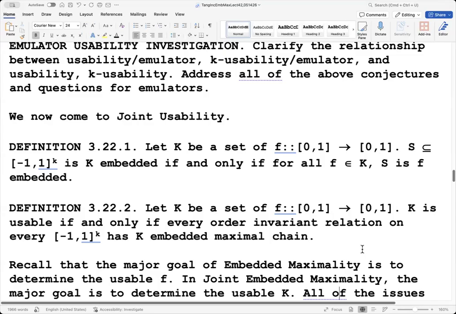So I'm treating all the elements of K jointly, so that every one of them is usable. Now let K be a set of such functions. K is usable if and only if every ordered relation on every minus 1, 1 to the K has a K embedded maximal chain.